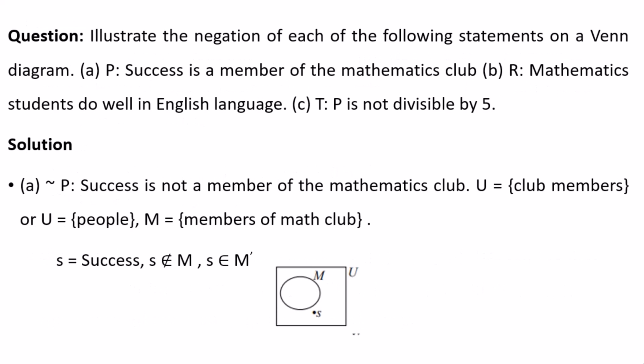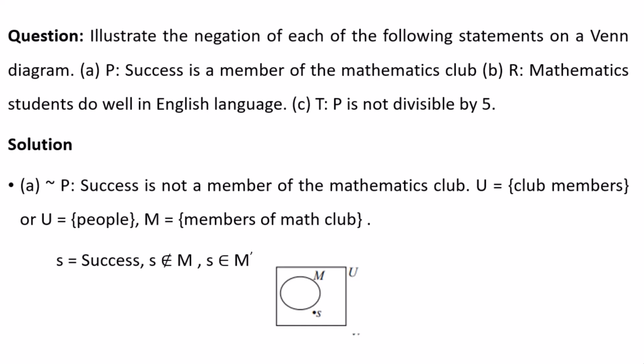So let's illustrate these questions. Success is a member of the mathematics club. The universal set is club members or people, and M is the members of the maths club.